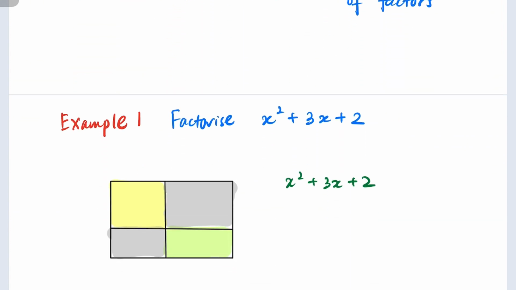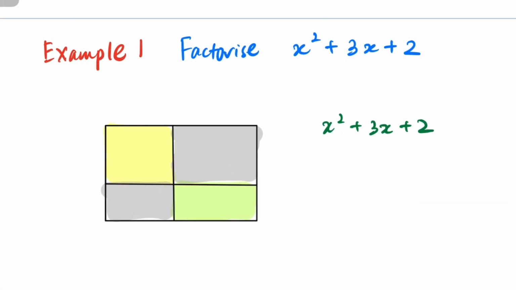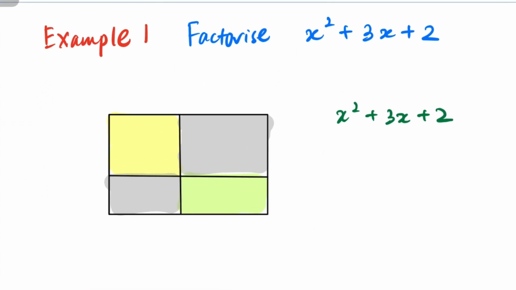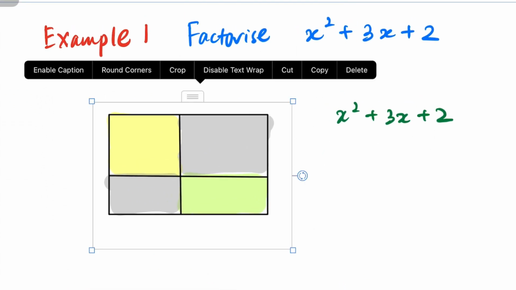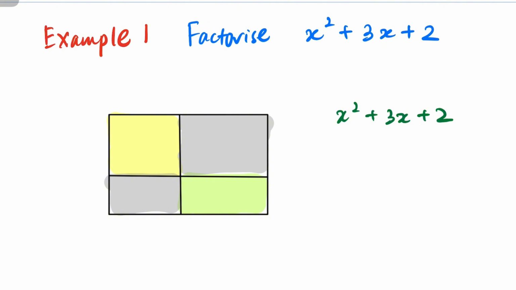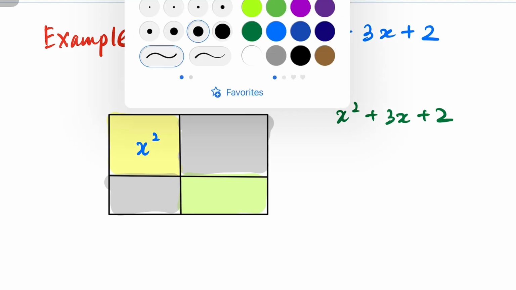Okay, so let's look at an example of how we can use the area model to help us factorize. Just now, we saw that in the yellow box, we must have our x squared term. Since we only have one x squared here, let's just put x squared in the yellow box. What do we have in the green box?